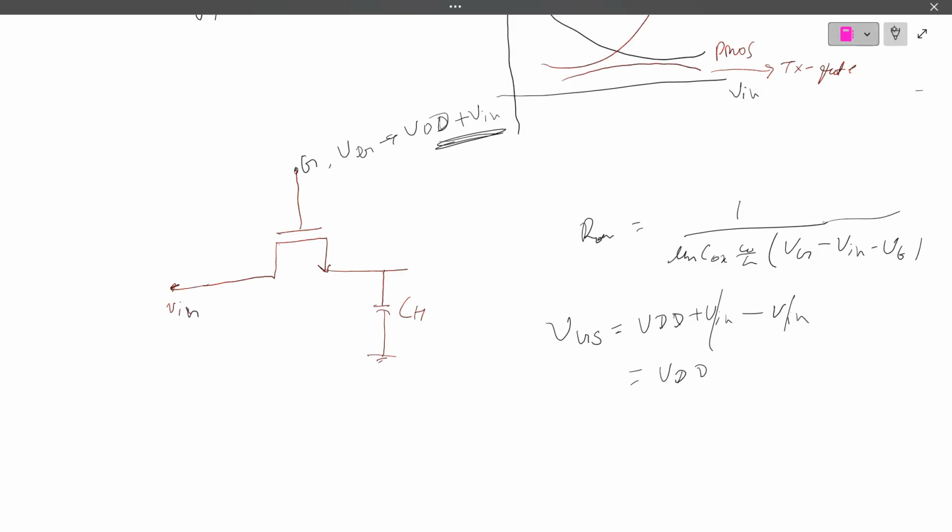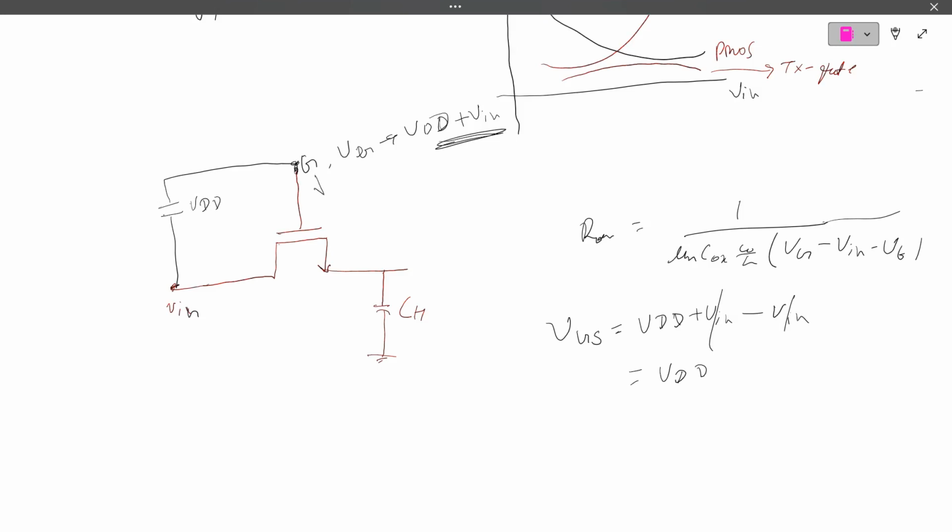So I'm going to add a circuit through which we can get the Vin at the gate side. If I add the capacitance, battery here, first I'm explaining the battery, which is the value of VDD.